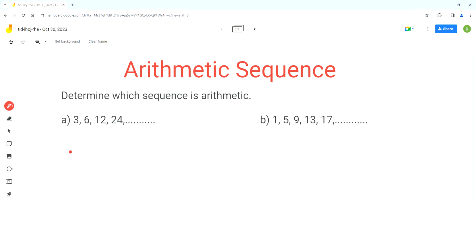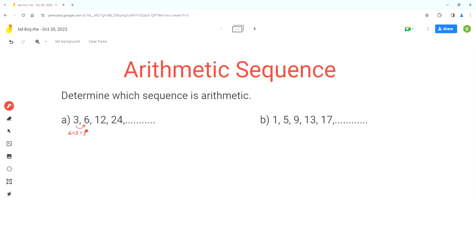The first thing we do is identify the difference between the consecutive terms in the given sequence. In the first sequence, the first term is 3, the second term is 6. The difference between the two terms can be calculated as 6 minus 3, which is equal to 3.